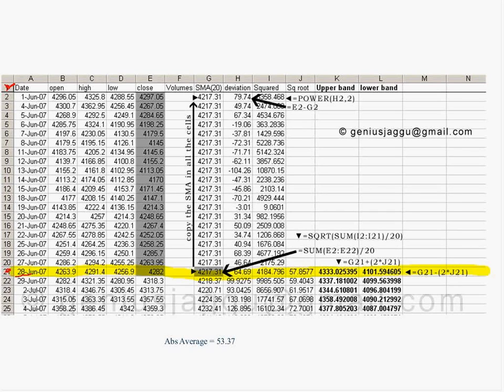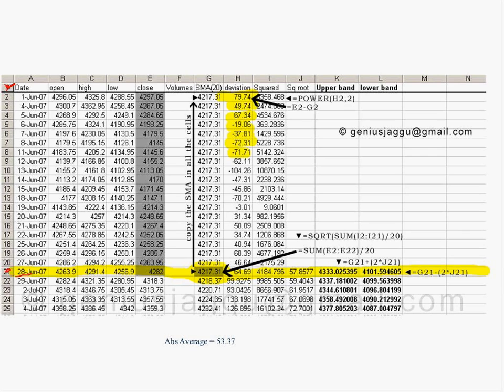But we first had to take the last 20 days of the deviation. So if the current average is 42.1731, the deviation from that average 20 days ago was 79.74. From that, 19 days ago was 14.74, and we took each day's deviation. You see that?